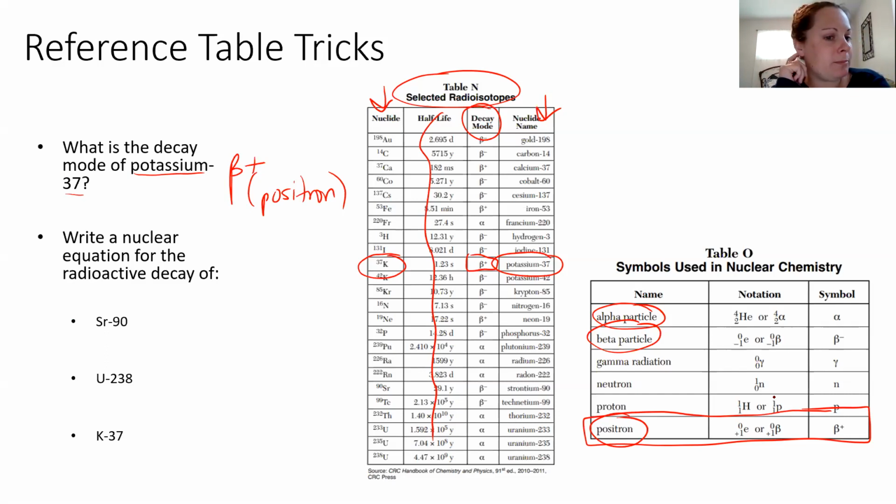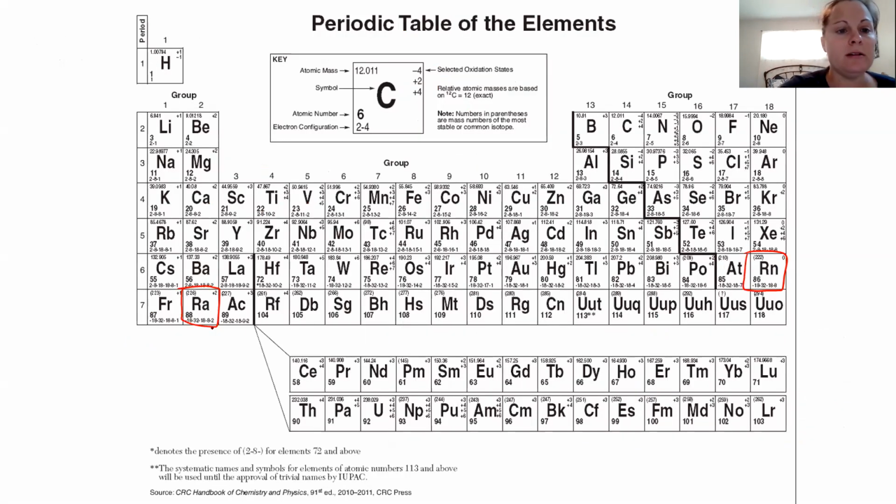So I have three examples, Sr-90, U-238, and K-37. If I want to write the nuclear equation for the decay of Sr-90, the first thing I want to do is write that isotope in isotopic notation and draw my arrow. 90 is the mass, and I need to go to my periodic table to find the atomic number of Sr. Sr is right here.